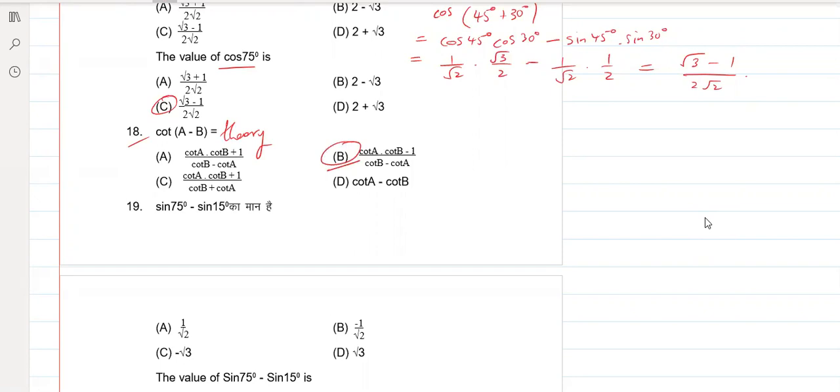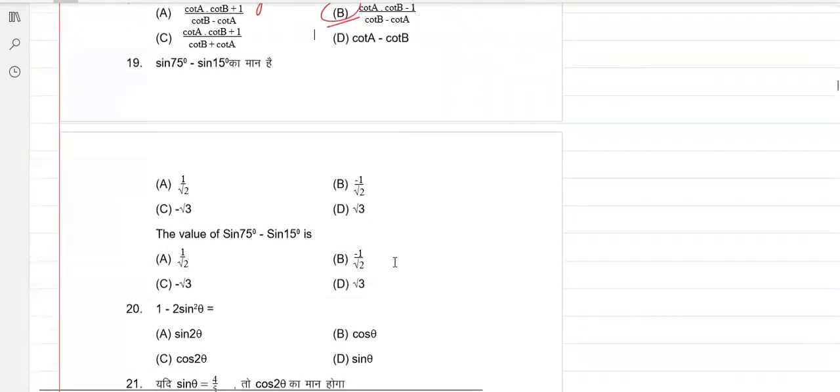We have sine of 75 degrees minus sine of 15 degrees.